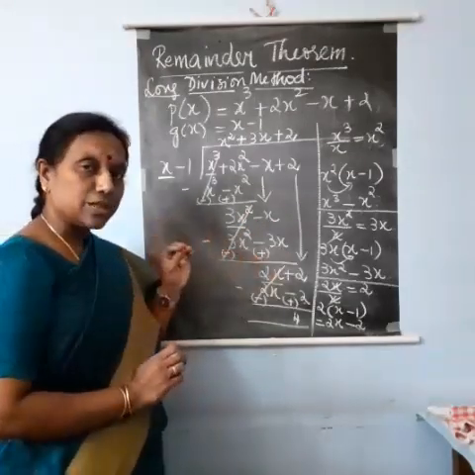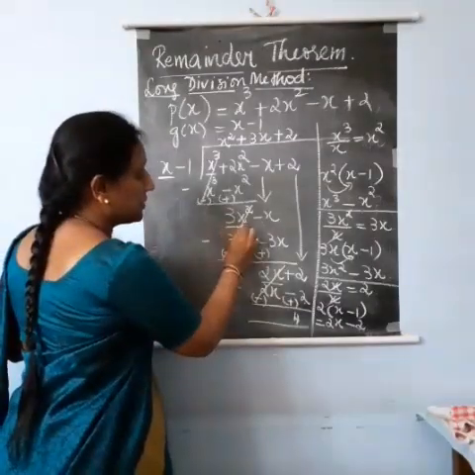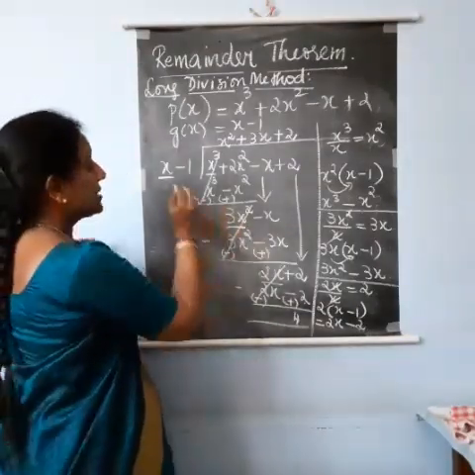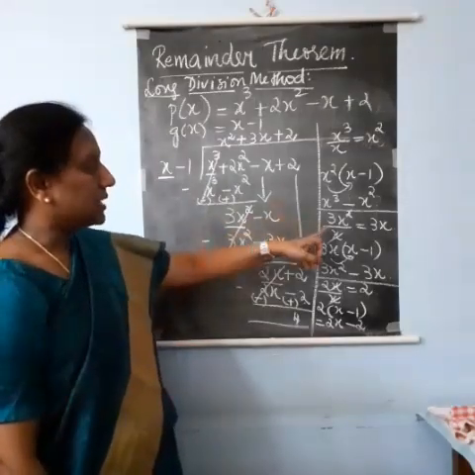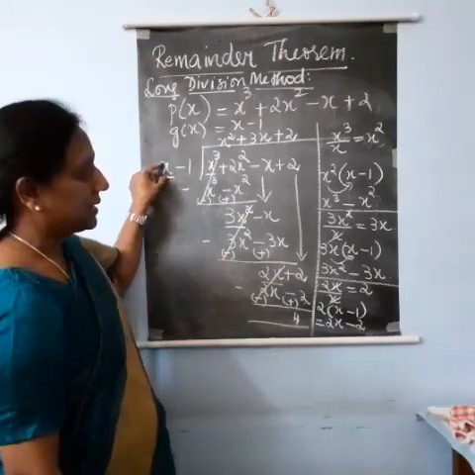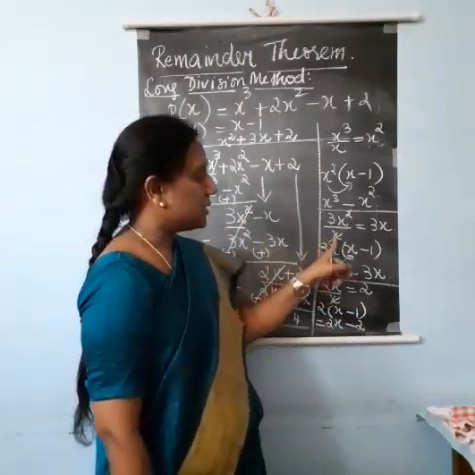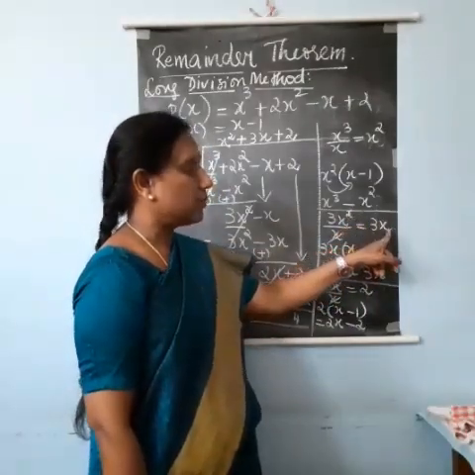Now continue the same process. Underline the first term in the dividend and the first term in the divisor. Then go to the working margin and divide 3x squared by x. When you divide, you will get 3x, since 2 minus 1 will become the power of 1.